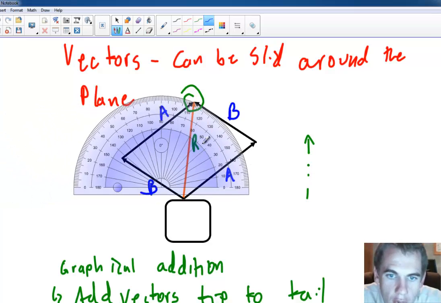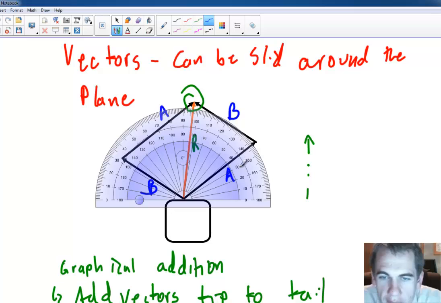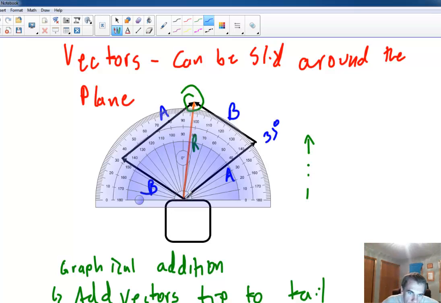If we grab our protractor and put it right where everything starts, right here, then we can see that vector A is pulling at, well, we start at 0 and measure this way, so 37 degrees. And we can see vector B is clear over here at 140, looks like 146 degrees.